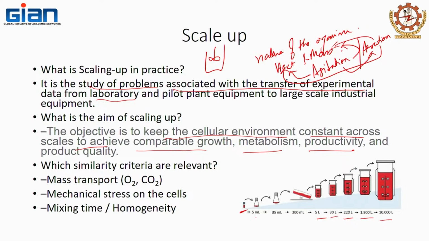Sometimes people make fun of these things and call it a one-time wonder, right? Your thing worked at the lab scale, the moment you scaled it up, it didn't. There is something wrong in the input for your large scale. That's what the problem is. There is nothing wrong at a small scale, but there is something missing at the large scale.